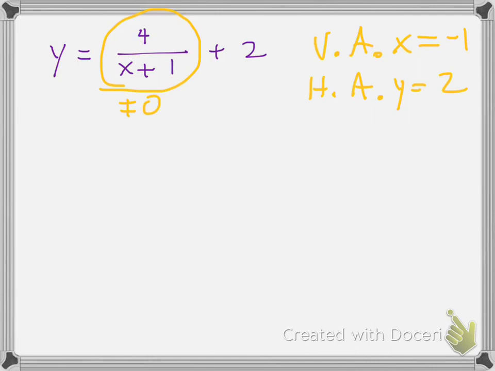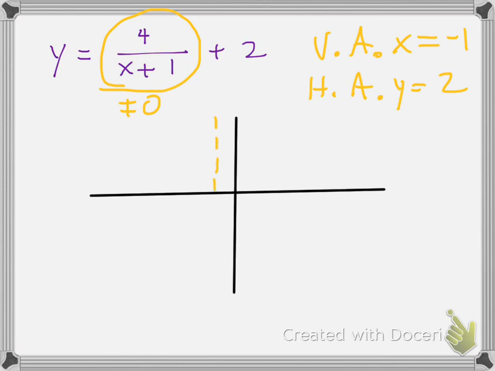Now, without a graphing calculator, you're welcome to do this on your graphing calculator, but I'm going to show you what this is going to look like. We're going to have a vertical asymptote at negative 1. We're going to have a horizontal asymptote at y equals 2. Why is that the horizontal asymptote? I'm going to show you in just a second. Let's just go through it, and we'll look at that closer in a moment.